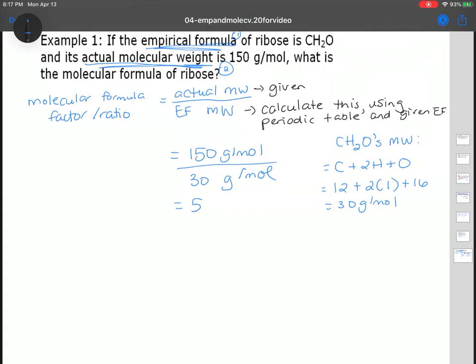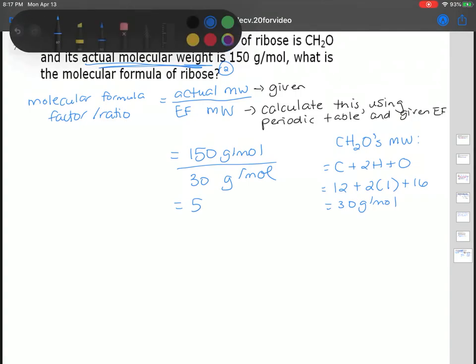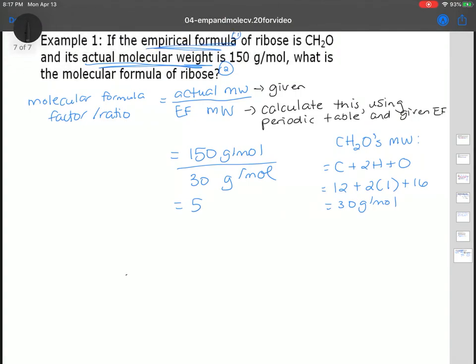You would get a decimal number that's less than 1, like 0 point something. So then that's your clue. Whoops, I did it upside down. So always do the bigger number on top, the actual molecular weight. And then again, once you calculate this molecular formula factor or ratio, that's great, but don't forget to answer the question. Okay, so now I'll write the steps out in black again.